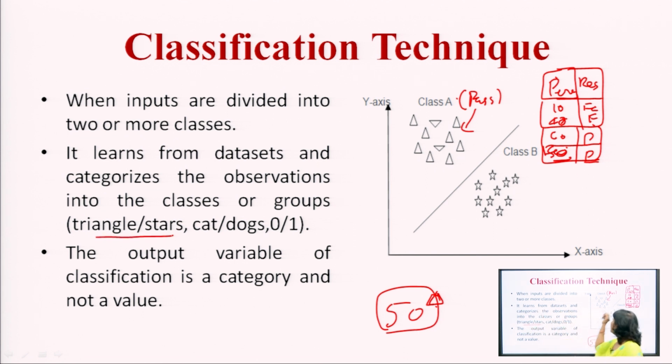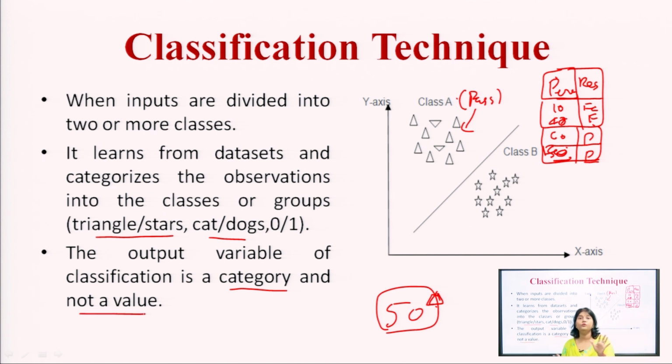Suppose in which class it will exist: cat or dog, whether the animal given is a cat or dog. So, you can predict it, and it may be in binary terms also. What is the output of classification? The output of the classification is a category, not a value.